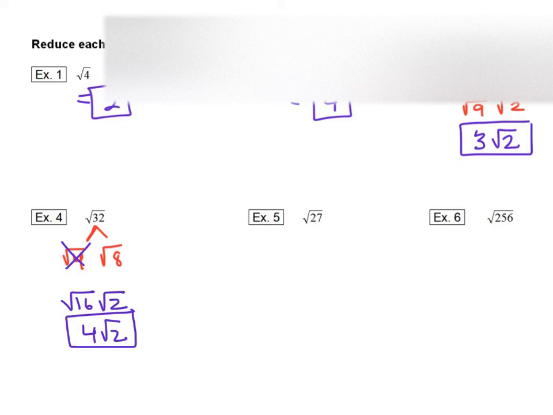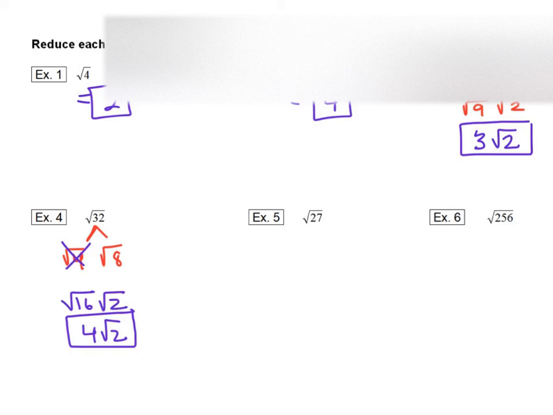So in your reduced radical answer, the number underneath the radical, or the square root symbol, will never be able to have a perfect square fit into it. That's when you know that you have this in the most reduced form.